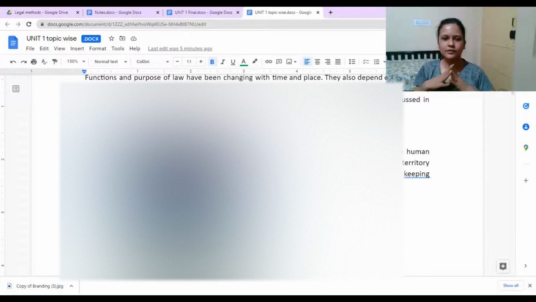Take, for example, just imagine you are riding or driving and there are no traffic rules. People are just driving in their own ways. There are no rules, no regulations as such. It would make our life so difficult, and it would make it very risky to drive or ride or even to go out. Why? Because there is again no law and order in the society. People are just doing whatever they feel like.